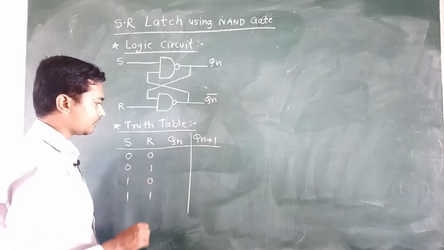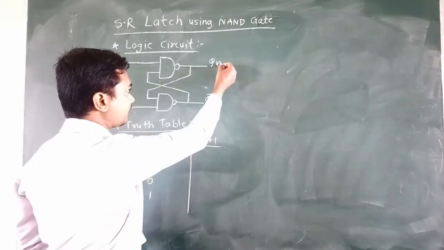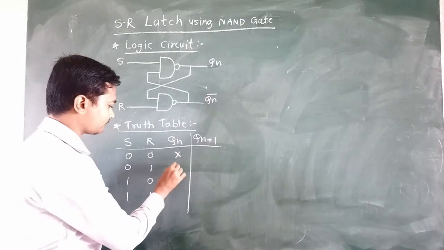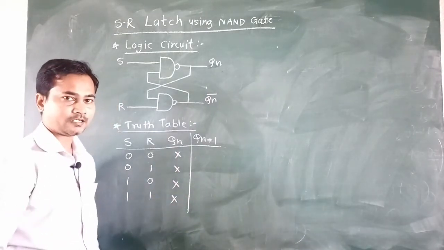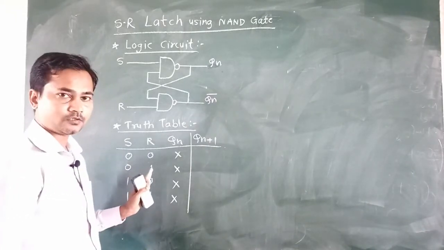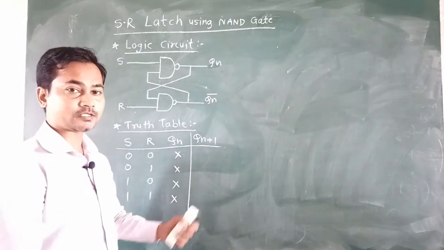Here we don't know the present state of Qn and Qn bar, so we assume don't care for the present outputs. From these S and R input values we will obtain Qn plus 1, that is the next output state.